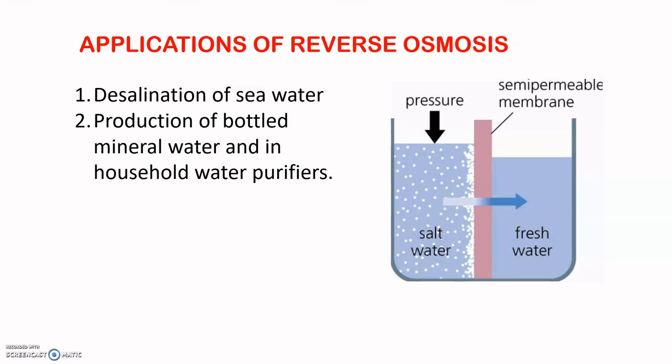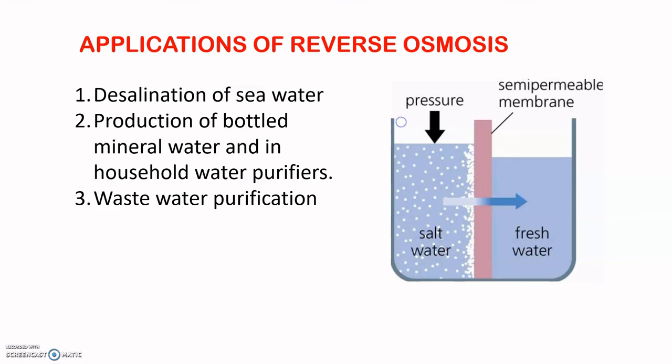This will filter off or separate all the dissolved salt, minerals, particles, dyes, etc. So purification of polluted water is also possible. When you pass water through the semi-permeable membrane in water purifiers, the water which you get out of the purifier will be pure water.